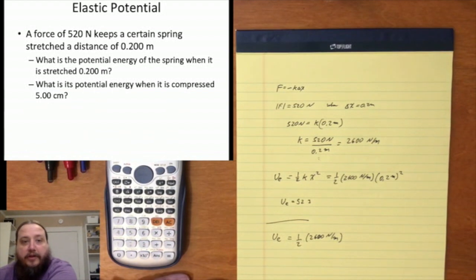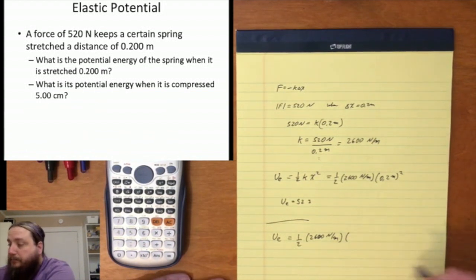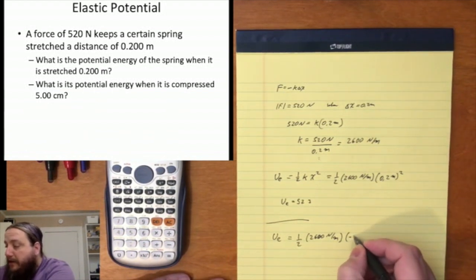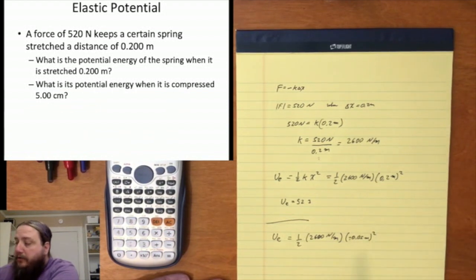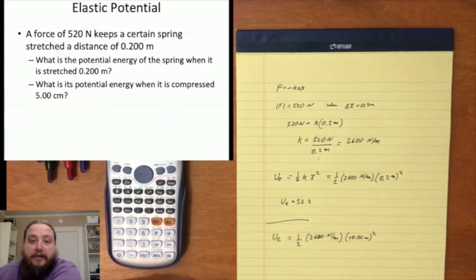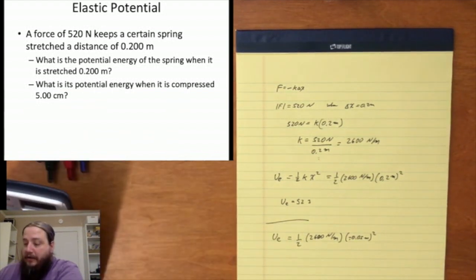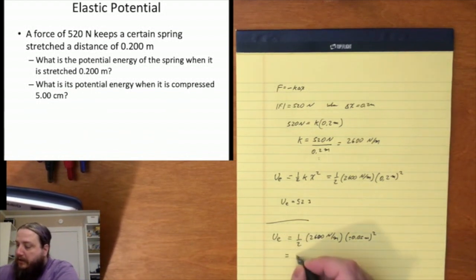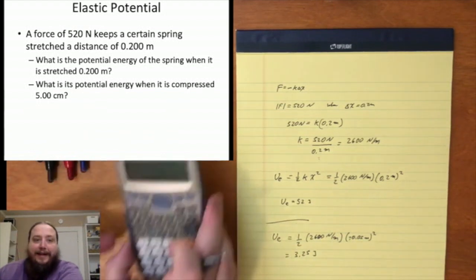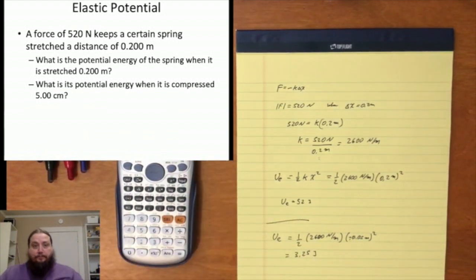And in this case, our compression here might be minus 0.05 meters squared, but notice that the minus sign doesn't really matter because we're squaring it anyway. So 0.05 squared times 2,600 divided by 2, that would be 3.25 joules of elastic potential energy.